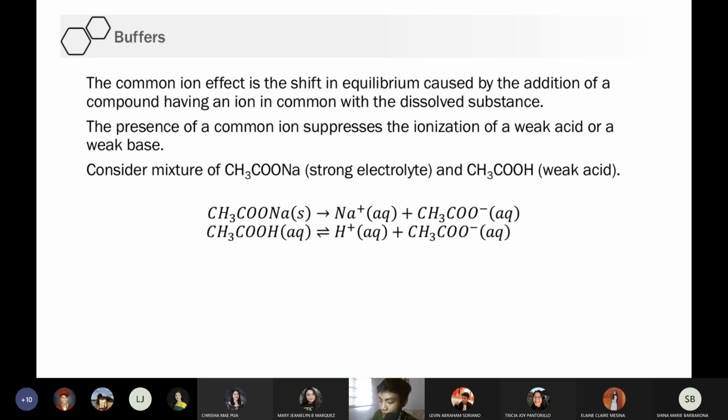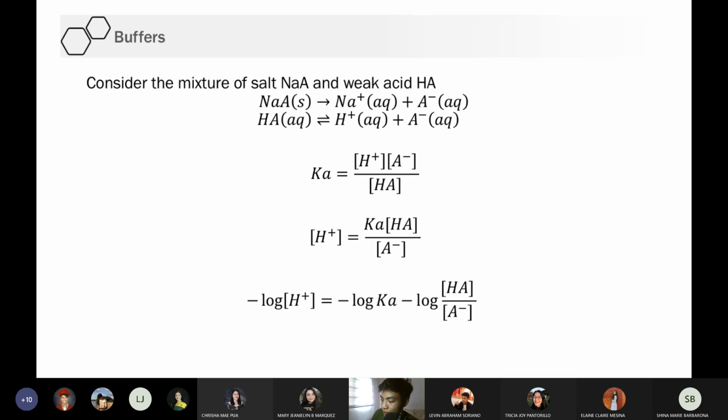Okay? So, if we write the equilibrium constant for the acid, HA, that can be written as this. If we rearrange this equation to get the concentration of H, ganito yung makukuha natin. We obtain the negative log of this equation. Kunin mo yung negative log ng both sides.